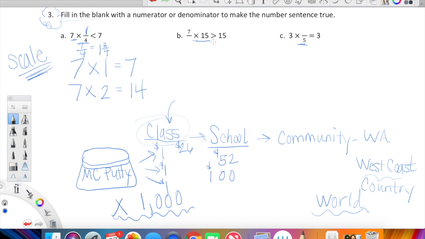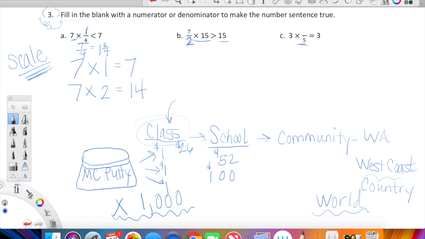Okay, sweet. So here, 7 over something times 15 is going to be greater than 15. So 7 times 15, how can we make that larger than 15? Well, let's look at 7 halves.